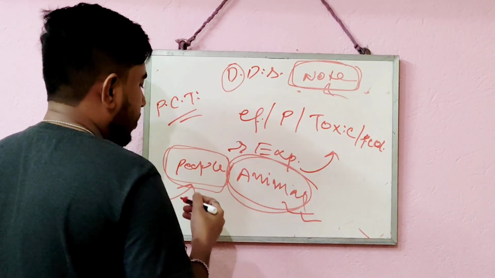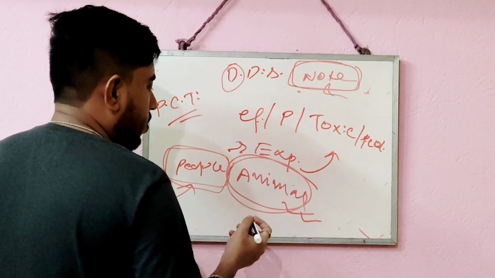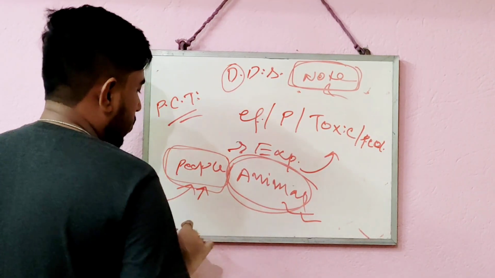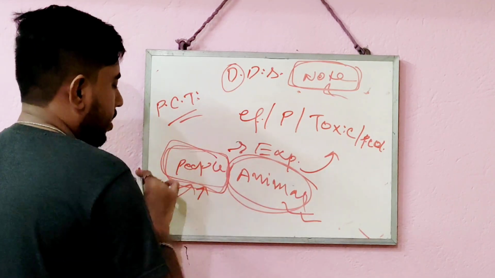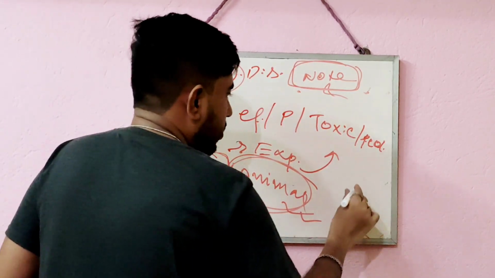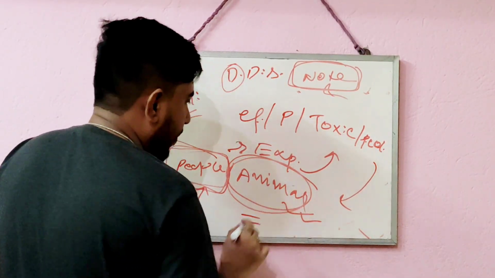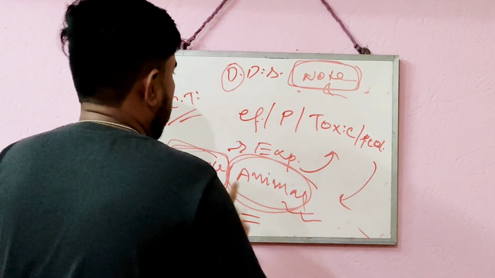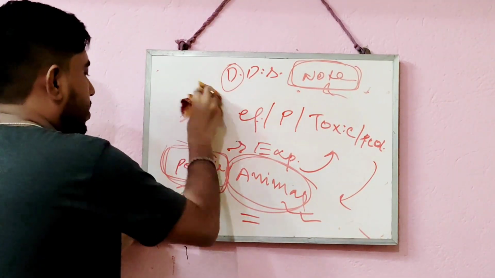So before testing in people, we have to check whether that compound is harmful or not, so that people are not harmed by it. So the first invented compound we have to test in lab animals to check its efficacy, potency, toxicity, pharmacological action, etc.